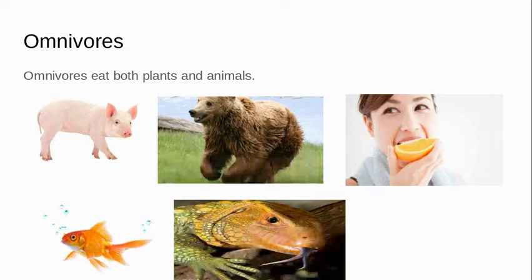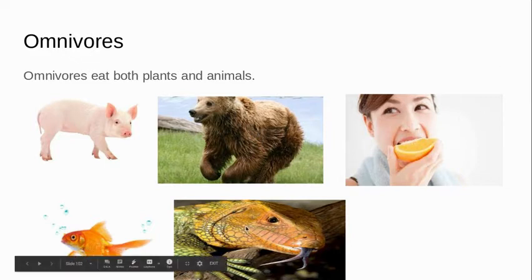By a generalization, or generally speaking, we would say that humans are omnivores. They have the ability to eat both plants and animals. So these are some examples of omnivores: pigs, bear, humans, lizards or reptiles, and fish.